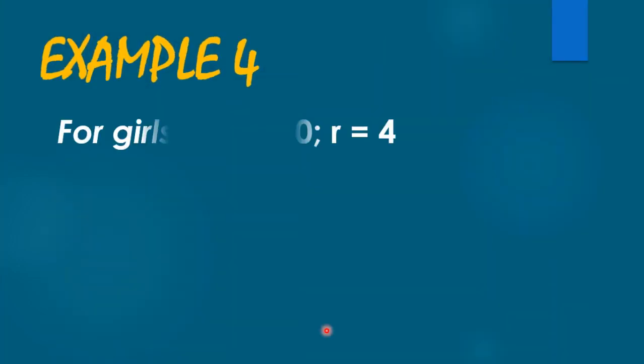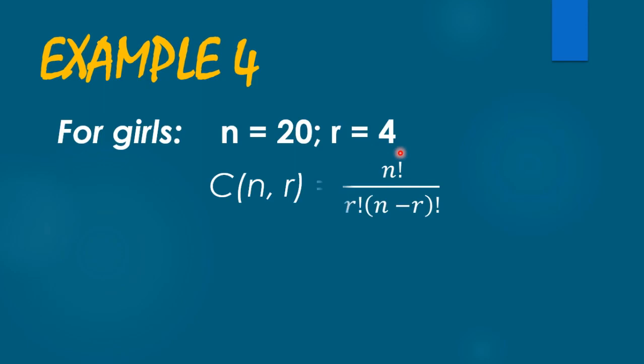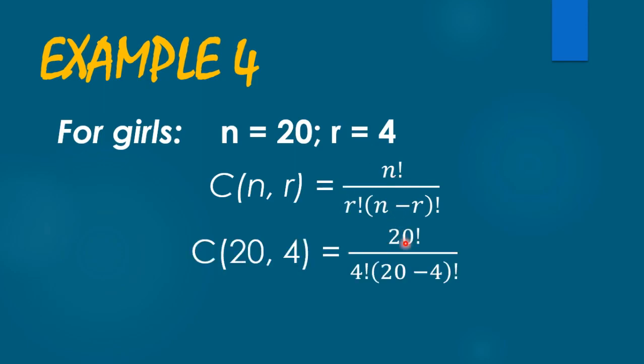And for our girls, our n is 20 and we need to take only 4 girls. We use again the same formula, and by substitution, we'll have 20 factorial over 4 factorial times 20 minus 4 factorial. Simplifying this expression, we'll get 4,845 ways.